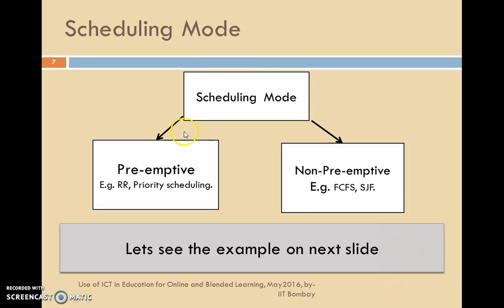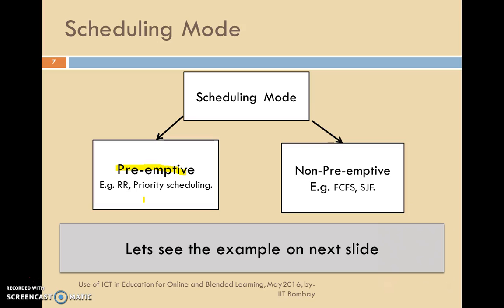There are two types of scheduling modes: one is preemptive and another is non-preemptive. In preemptive, the CPU allows the process execution to its end or stops it in between, whenever needed, and frees the CPU for the next higher priority or newly arrived process.